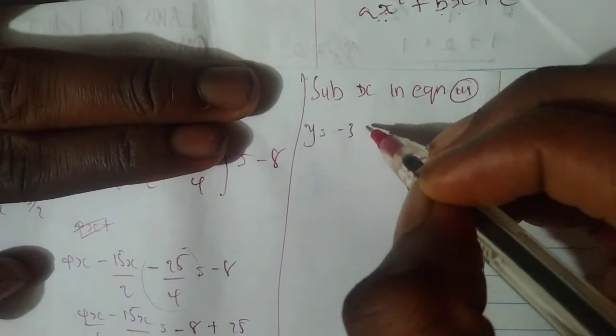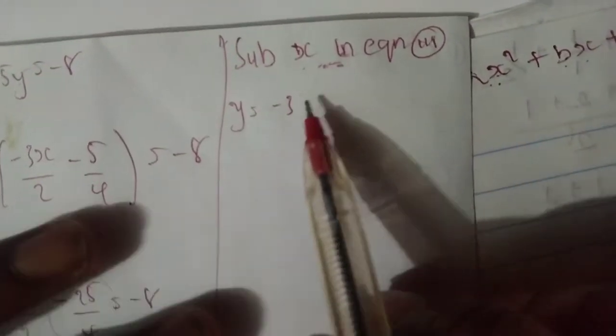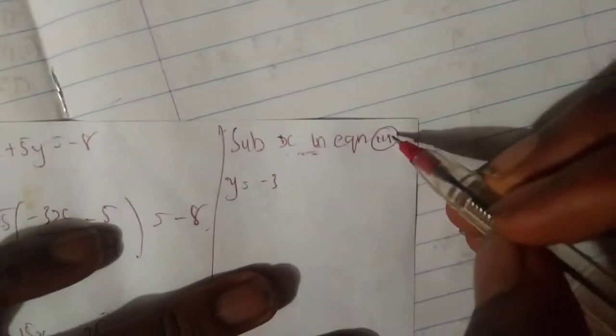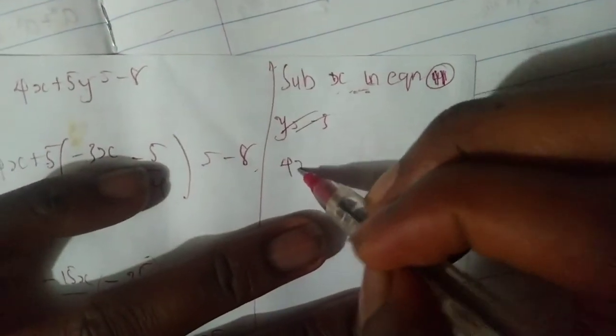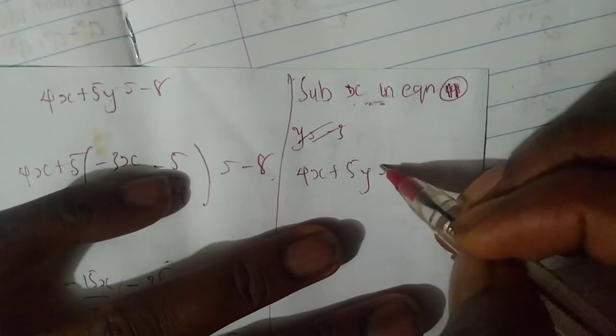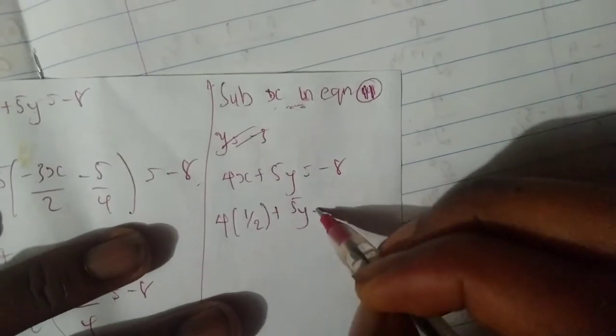What is our x? Instead of substituting into equation 3, I can actually substitute into equation 2. It seems like it will be easier. We have 4x plus 5y is equals to minus 8. Remember, we got our x to be 1 over 2. So we can say 4 brackets 1 over 2 plus 5y is equals to minus 8.